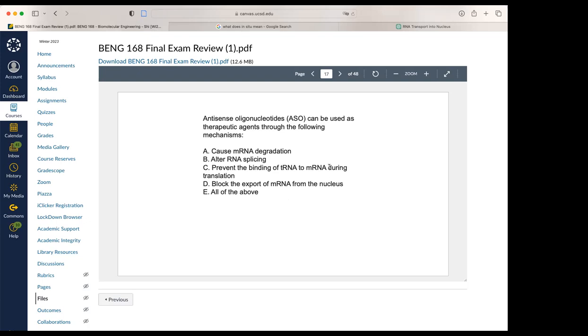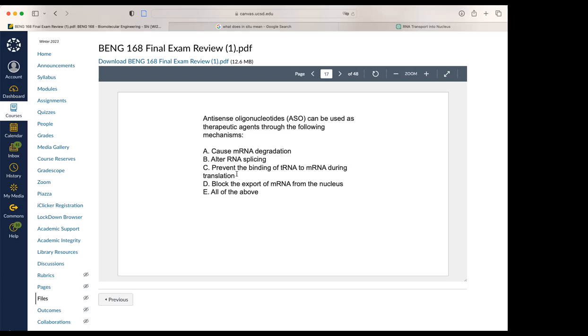But if that's being blocked by an ASO, then the tRNA is never going to have that affinity, and it's going to stall translation. But the problem I have with that one is, how do we know that the antisense oligonucleotide is not being knocked off by the ribosome as it's being fed through? That one seems a little ambiguous to me.